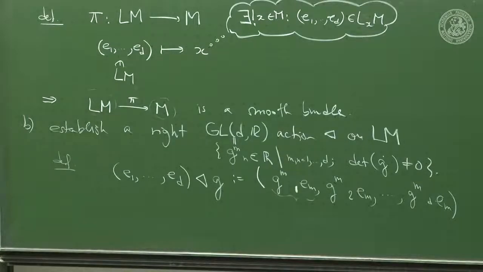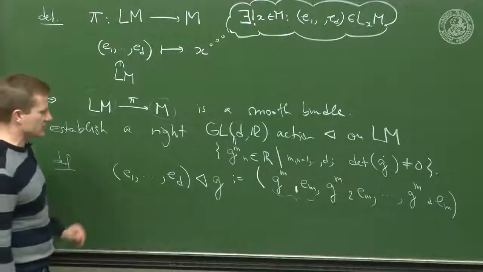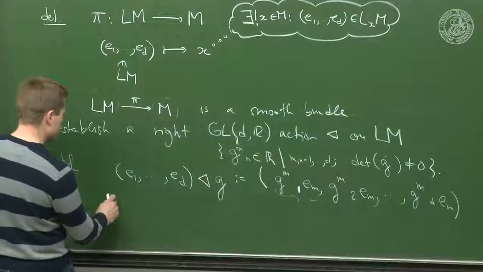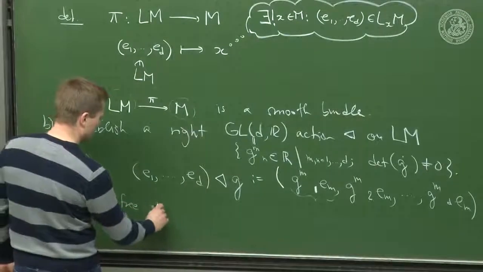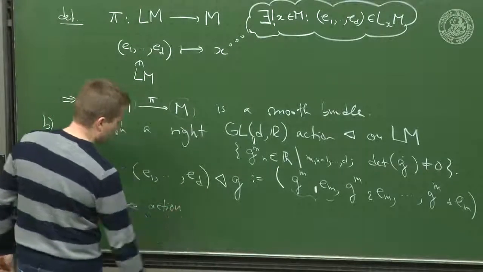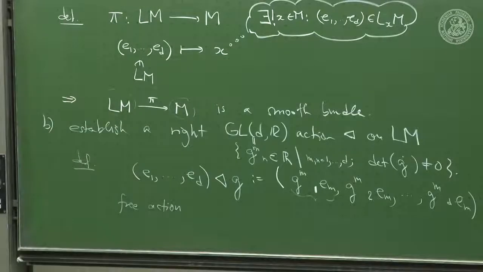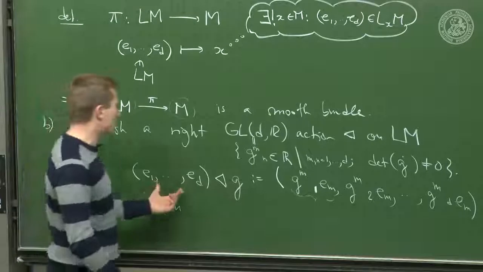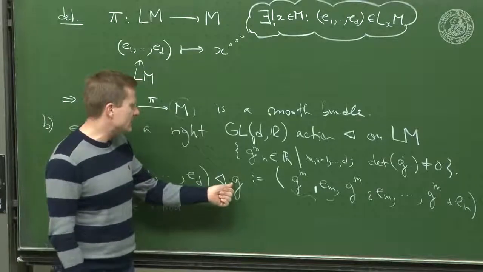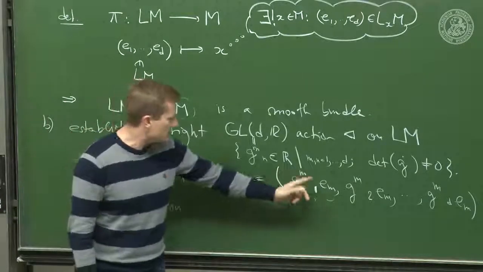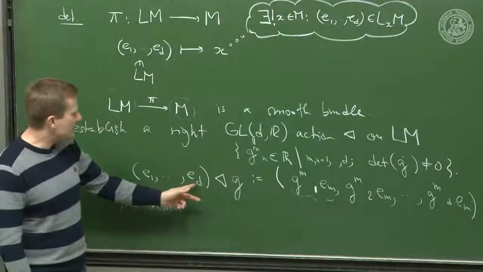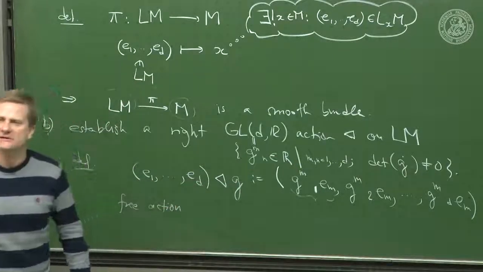Aha, good. So it's a right action, right? But the question is: is this a free action? What was a free action? A free action is one which at any point is such that only the identity, that would be the delta^m_n here, only the identity keeps this thing unchanged.